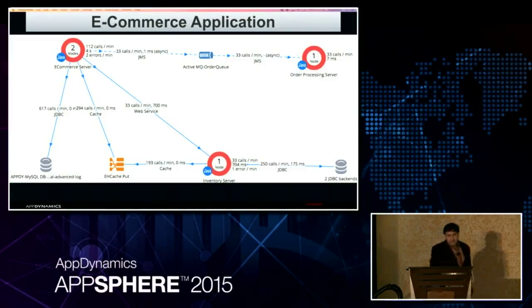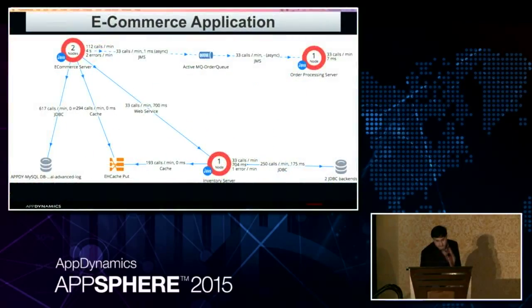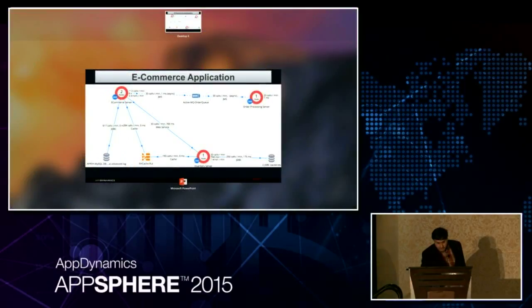So for demoing the server monitoring product, we built this simple e-commerce multi-tier app. And you guys are very familiar with AppDynamics. So this is the equivalent application flow map view. It didn't switch for some reason.